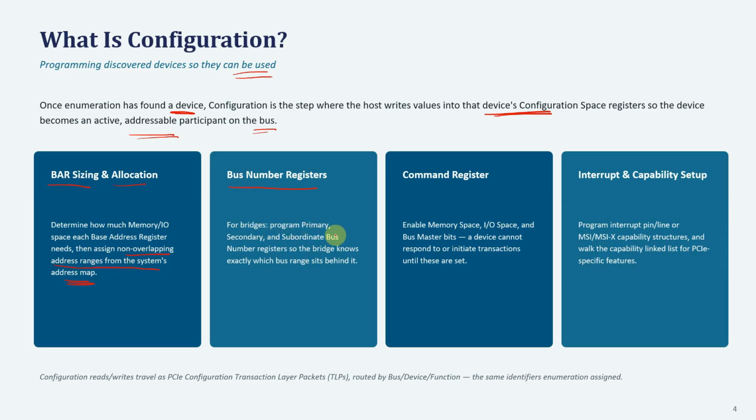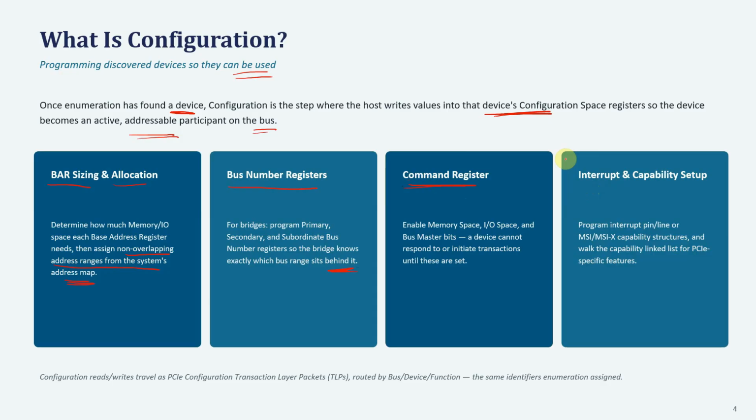For bridges, we program the primary, secondary, and subordinate bus number registers, so our bridge is going to know exactly which bus range is going to sit behind it. And also we are going to update the command register, and we are also going to update the interrupts and capability setup and so on. These are the different functions we are going to have in the phase of configuration.